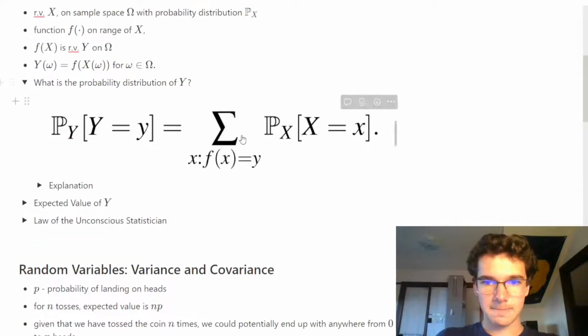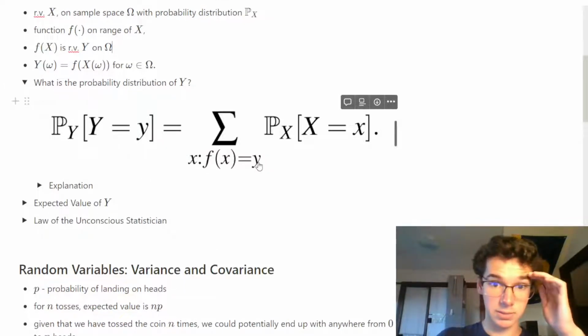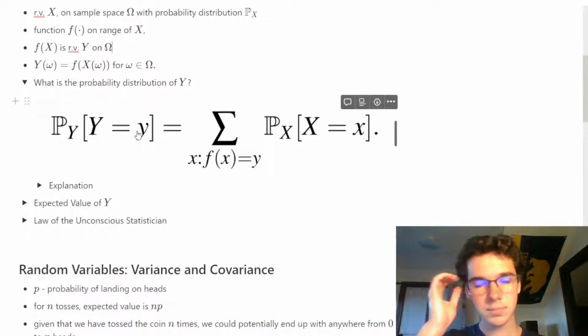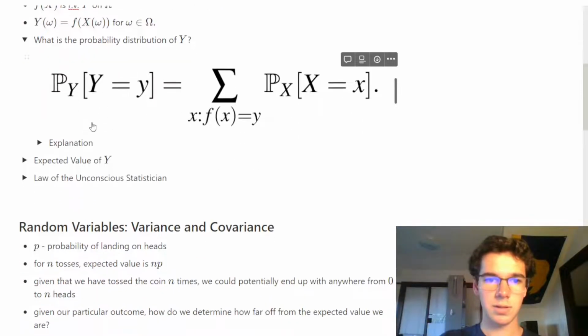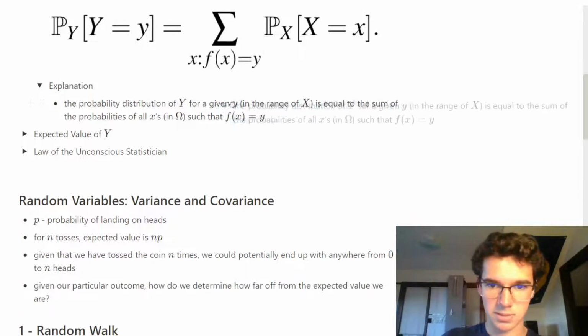Essentially what this is saying is for all x's such that f of x yields y, we're going to grab the probability of that event with respect to X, and then we're going to sum all of those up, all of the ones that give us a y, and that is going to give us the probability of the event lowercase y for the overarching random variable capital Y. So this probably says it in a more succinct way.